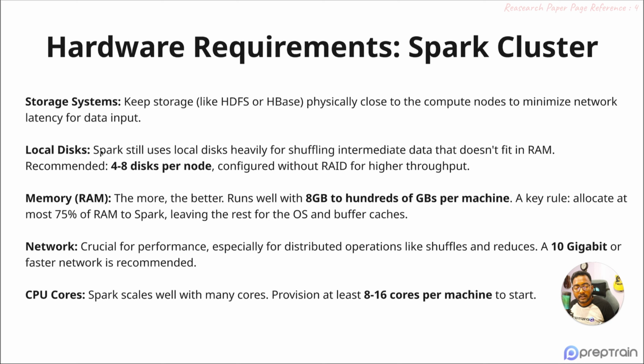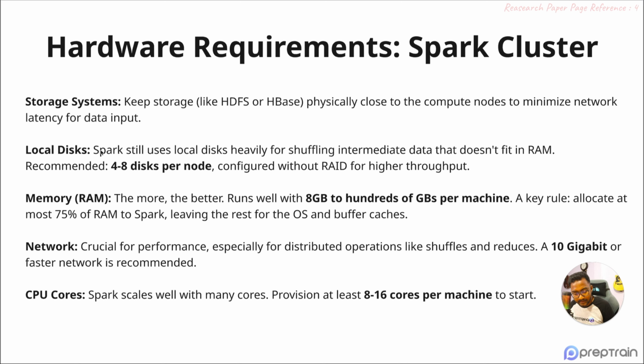If a Spark executor can bypass the network because the data is on the same machine, that is a massive performance win, because it will be faster.